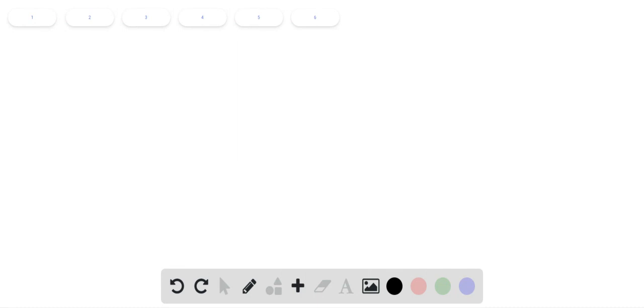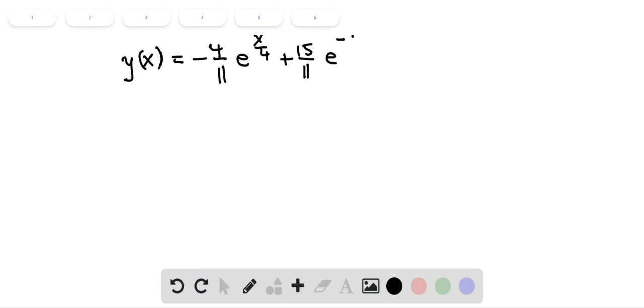So having all these values, we have y of x equals negative 4 over 11 e to x over 4 plus 15 over 11 e to negative 2x over 3. And this is our unique solution.